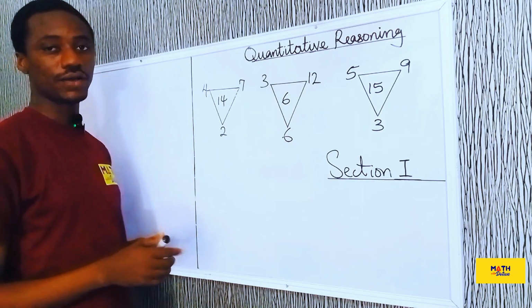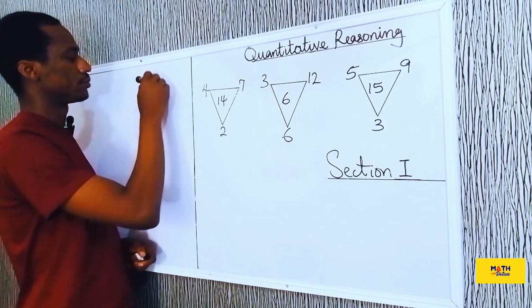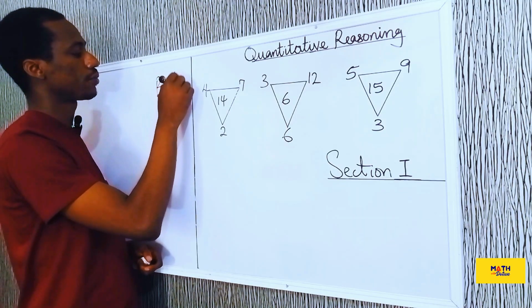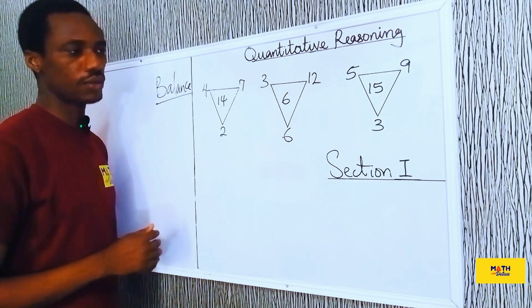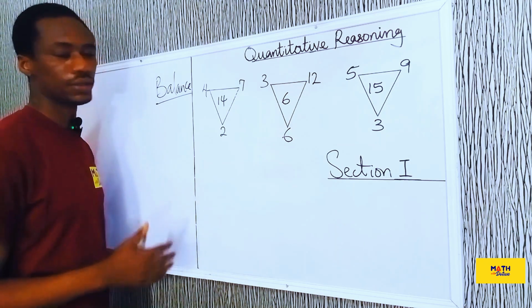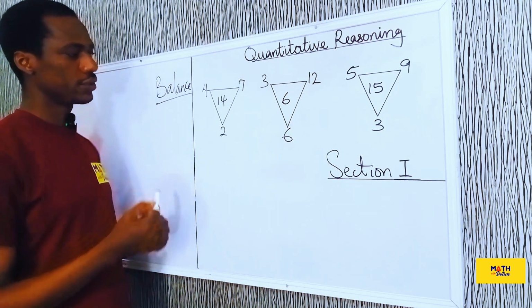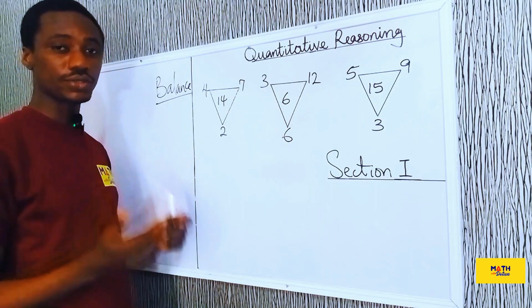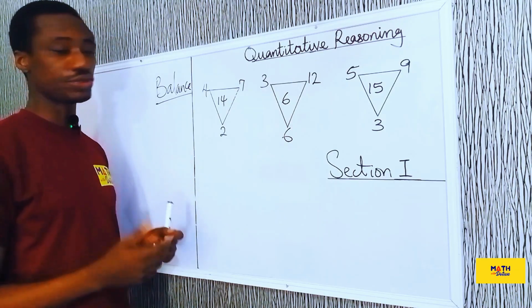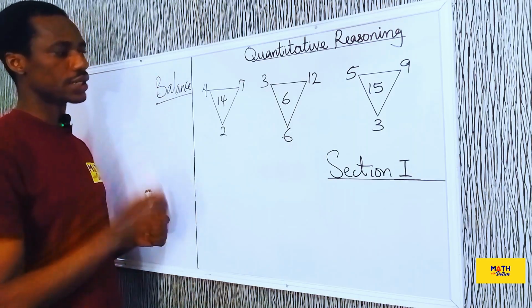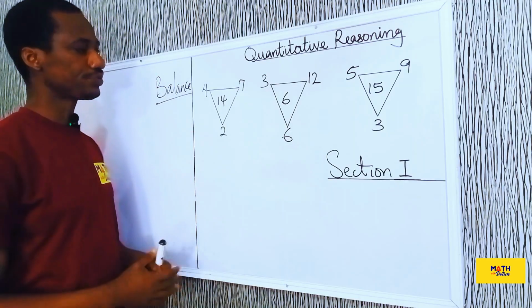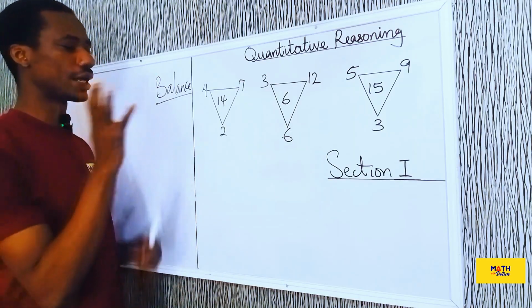All right. And when you have it like this, and there are 4 pots, definitely there's a balance somewhere. That means there's a way you can pair the numbers, whether with the same operation or with different operations, and then they'll be equal to the same thing. So let's look out for balance.